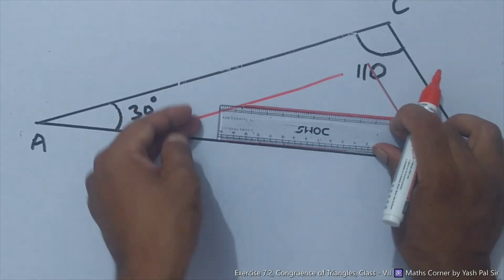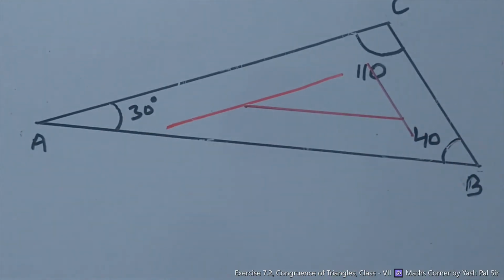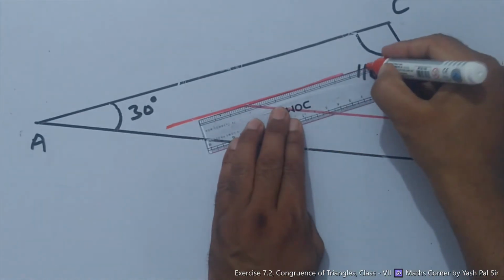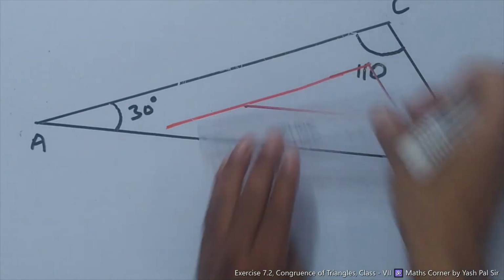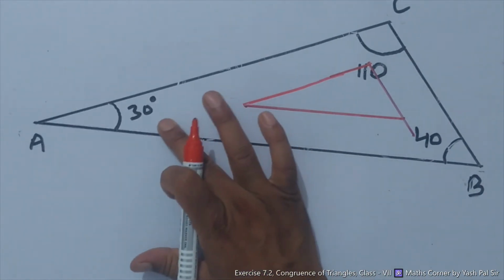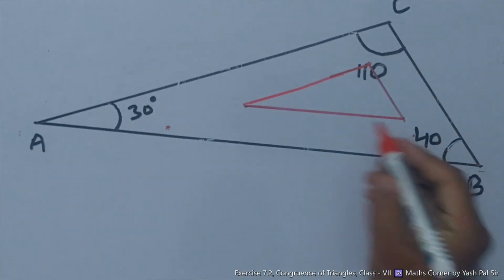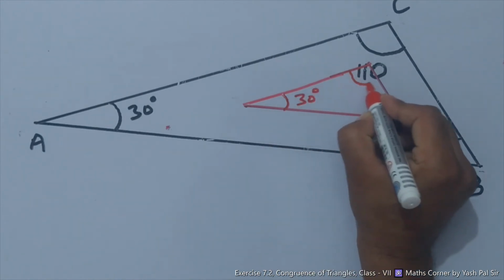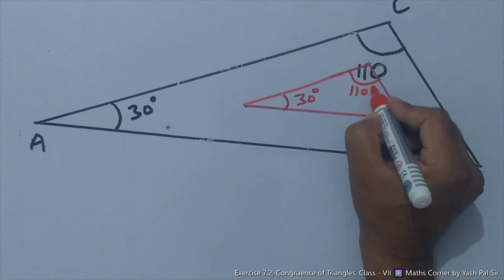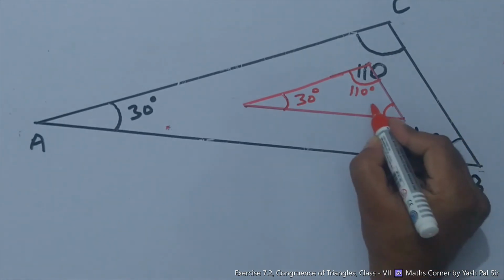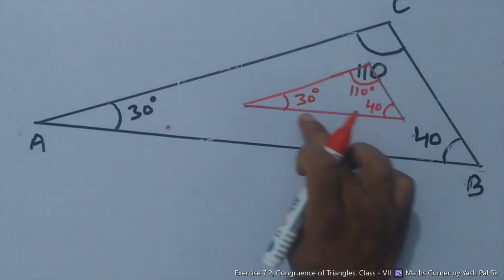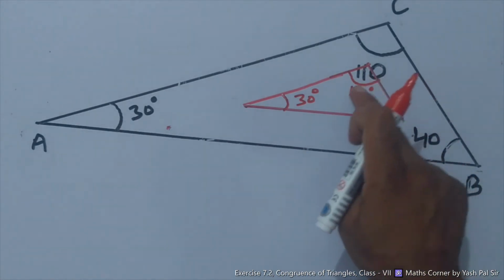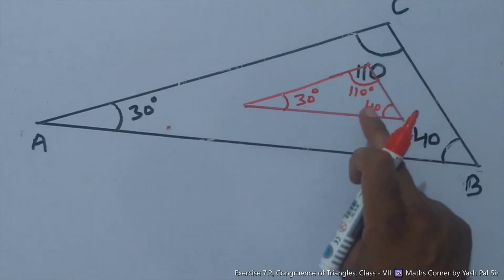So this way, what we see in this example, this angle is also 30 degrees, this angle is also 110 degrees, this angle is also 40 degrees, but this is smaller in size, this is bigger in size. What is the name of this red colored triangle?